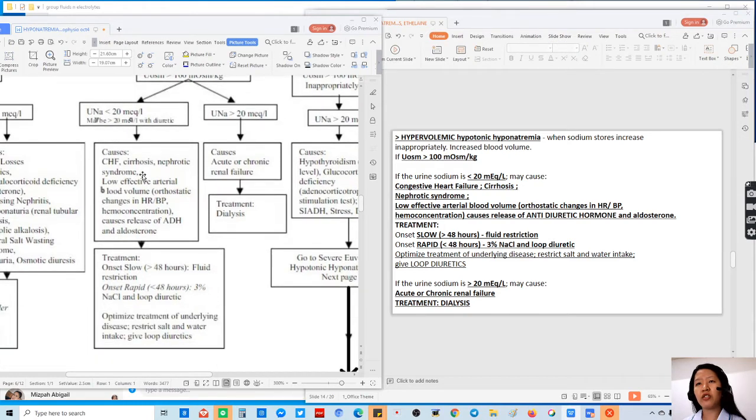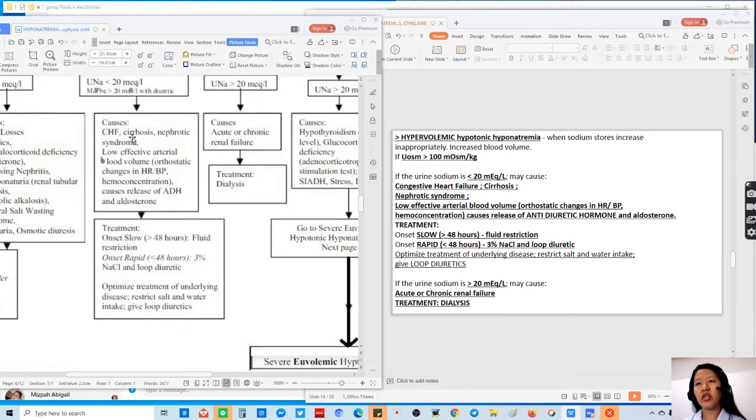This may be caused by congestive heart failure, cirrhosis, nephrotic syndrome, low effective arterial blood volume, orthostatic changes in heart rate or blood pressure or hemoconcentration, which causes release of antidiuretic hormone and aldosterone.